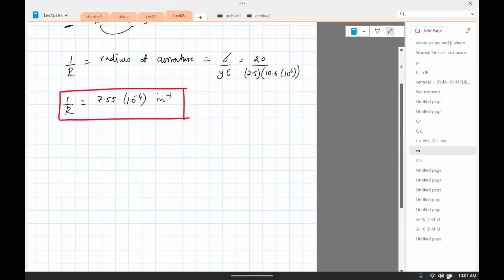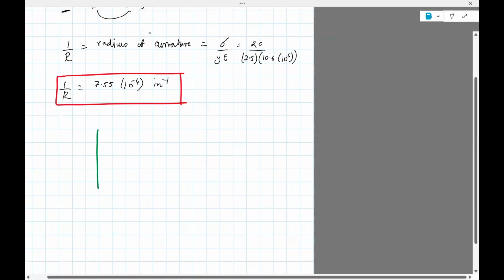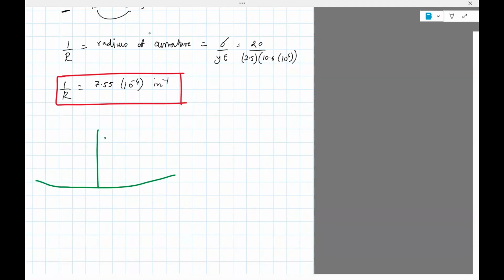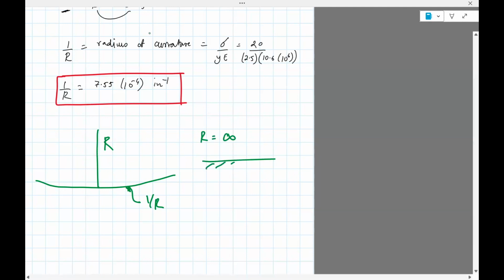Do you know what a radius of curvature is physically? Bends, right? So this is r. This is an arc, this is r, and this arc is a measure of 1 divided by r. If r equals infinity, that would be a flat ground.